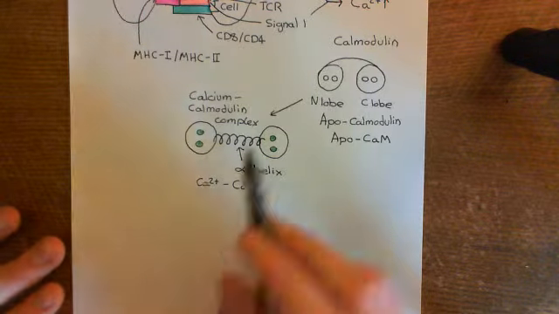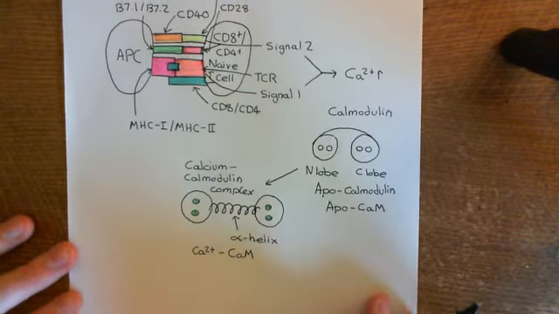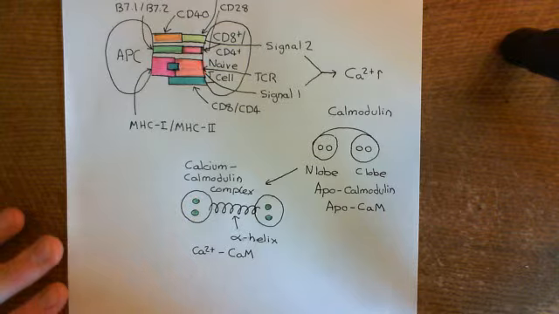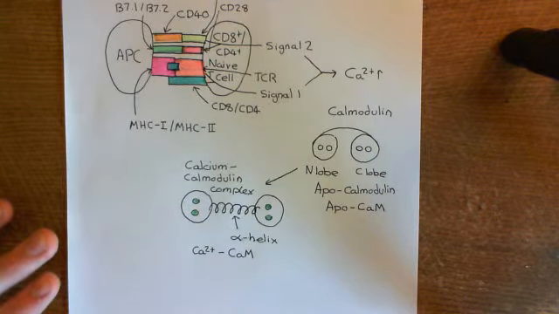Okay, so what's going to happen is when the calcium goes up in the cytoplasm of the naive CD8 positive or CD4 positive T cell, after it's received both signal 1 and signal 2, the calcium is going to bind to calmodulin and form calcium calmodulin complexes within the cytoplasm of the cell.